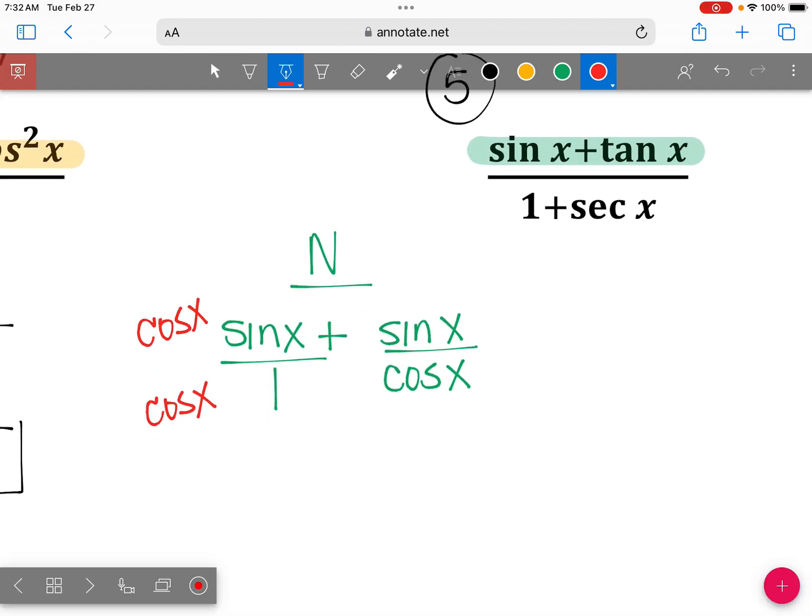And when you have your common denominator, we can bring our numerators together. So now my denominator is cosine. And then I'm just going to go straight across and write what I have as my numerator. So my numerator is cosine times sine plus sine.